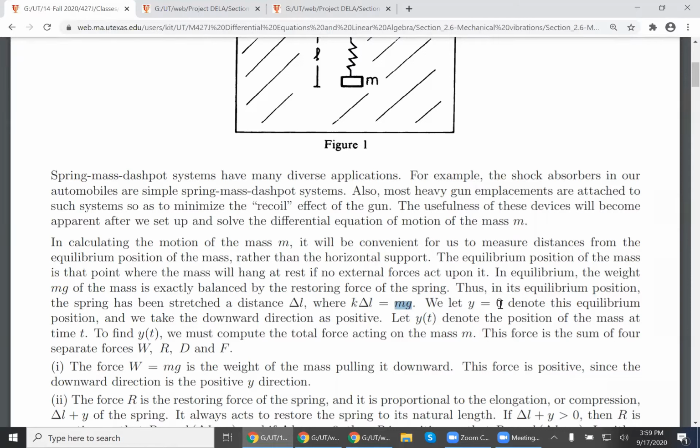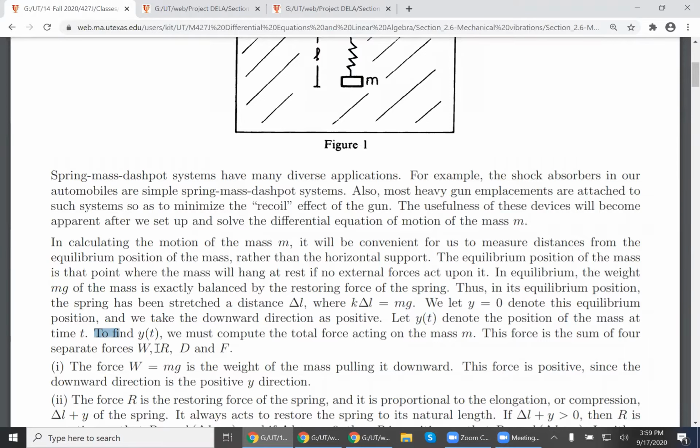Let y equal 0 denote this equilibrium position, and we take the downward direction as positive. We denote by y of t the position of the mass at time t. Question is how to find a formula for y of t and then how to analyze this formula.